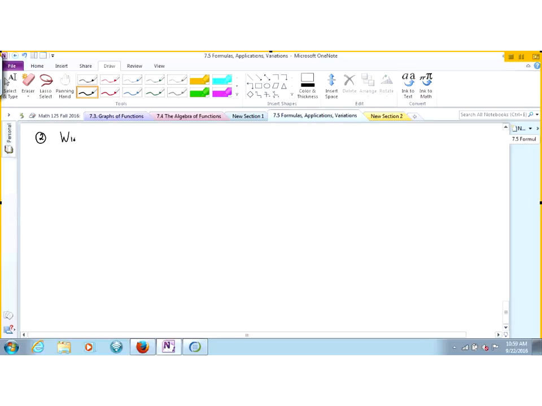So wind resistance, or it is called atmospheric drag. It tends to slow down moving objects.